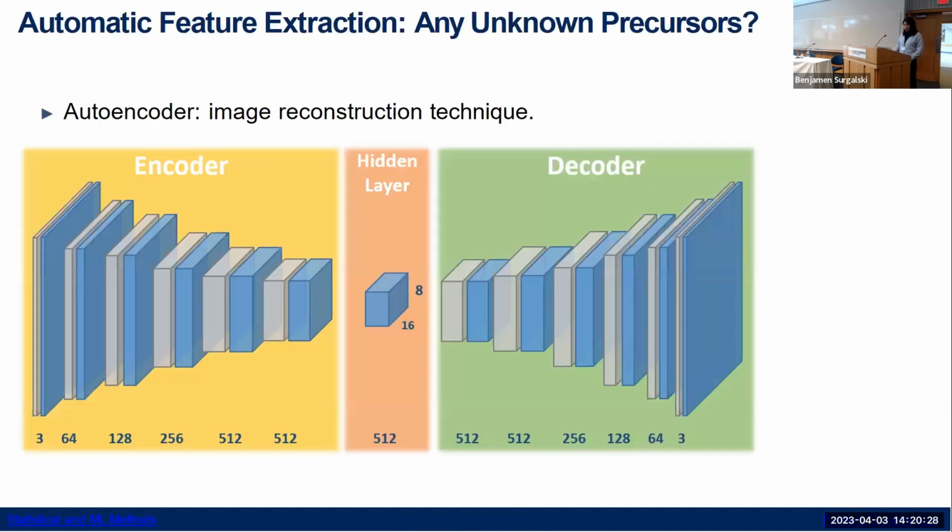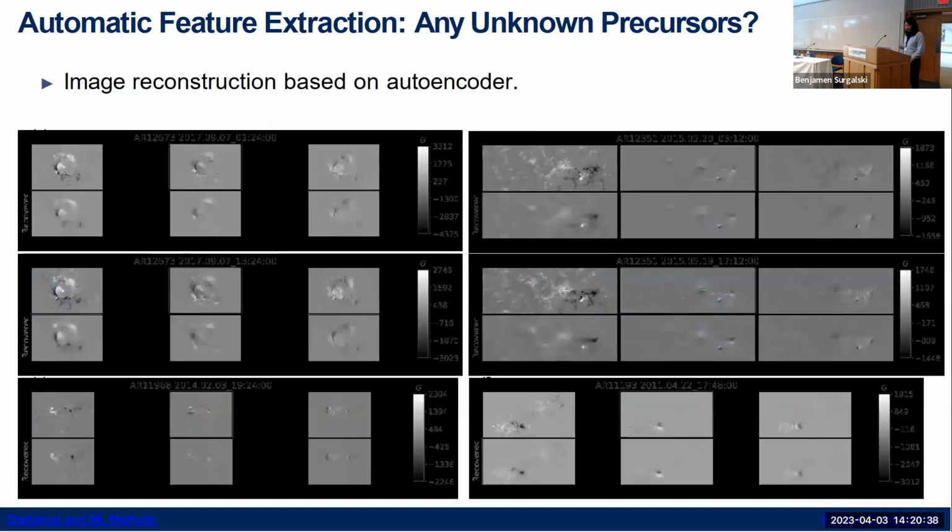So the first thing that we do is feature extraction. So we have a complete black box based feature extraction. We can use an autoencoder to compress a higher dimensional image into a lower dimensional feature space. So here I'm just showing a few examples of image reconstruction using an autoencoder. I'm not going to go into the details of autoencoders because there are so many tutorials online that you can learn from.